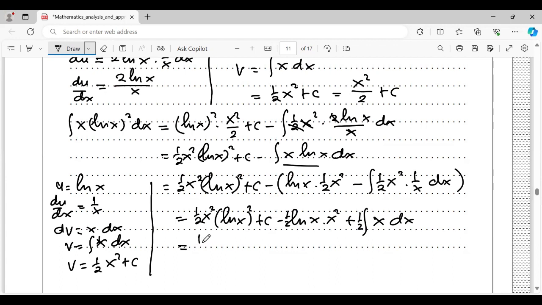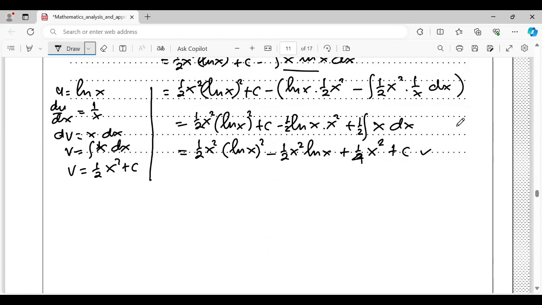It's going to be half x squared (ln x) squared minus half x squared ln x plus half times 1 over 4, because half times half x squared, plus c.